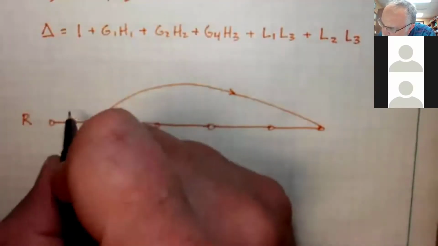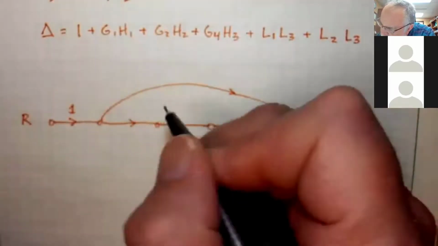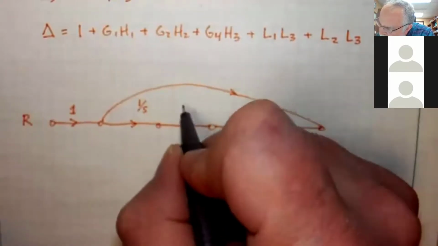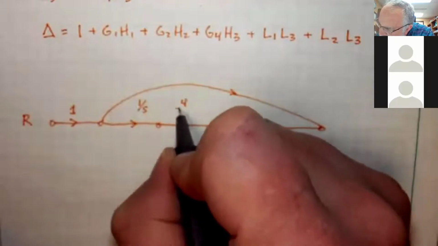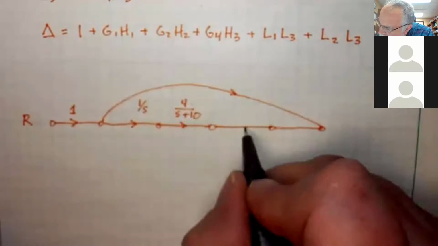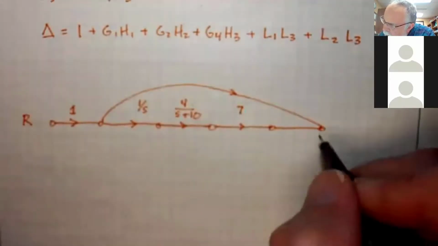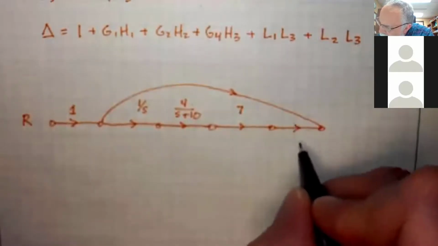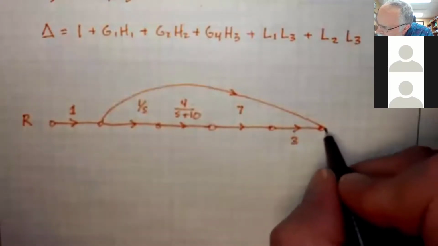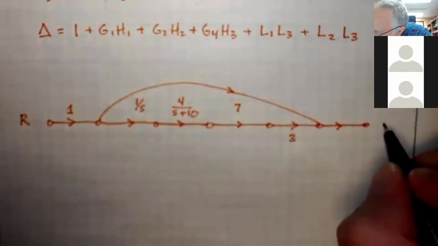So again, R, it's again 1. I'll make this one 1 over S. I'll make this 4 over S plus 10. I'll make this 7. I'll make this gain 3. I'm going to have a gain of 1 right here to make it a sink. This is C(s).